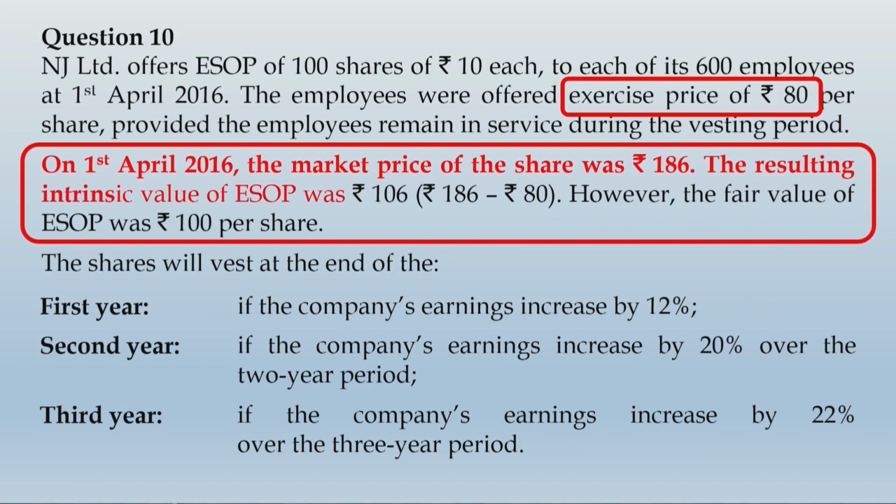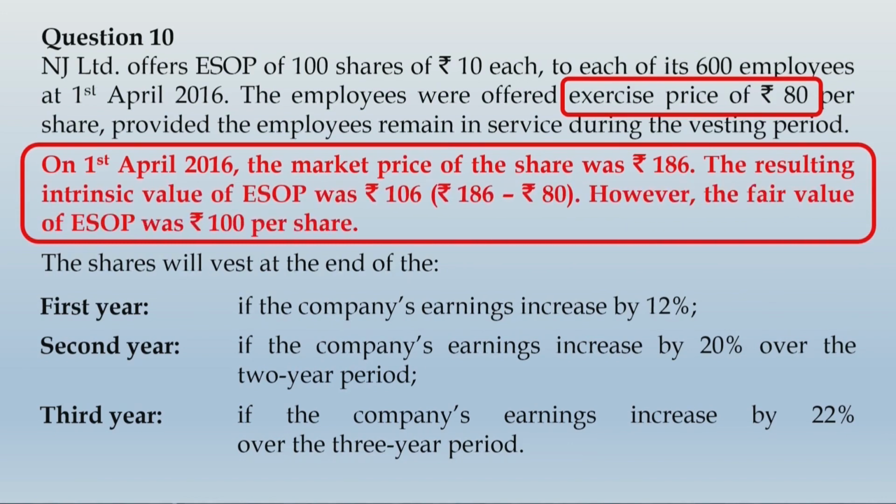On 1st April 2016, the market price of the share was 186. The resulting intrinsic value of ESOP was 106. So what they want you to understand is, exercise price is 80 and the market price of the share is 186. That means a share which is available in the market at a price of rupees 186 is now being offered for rupees 80 only.